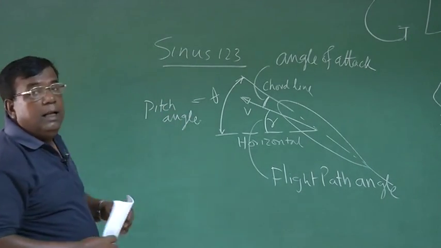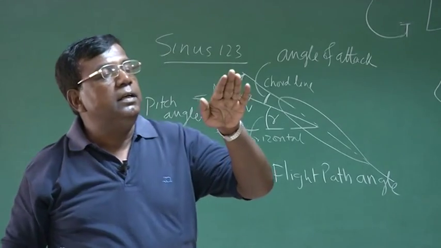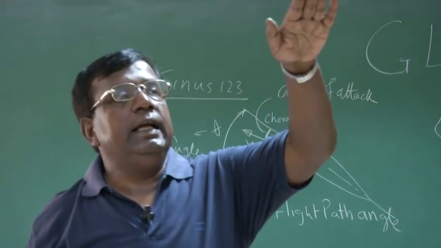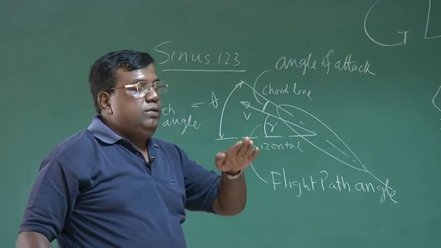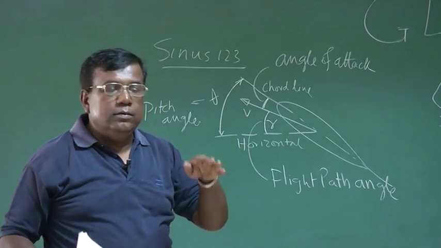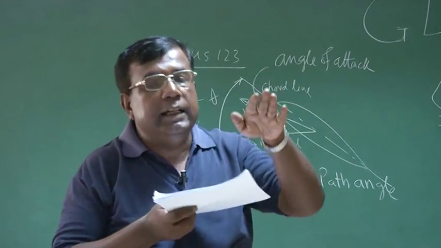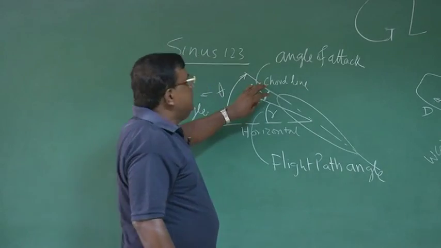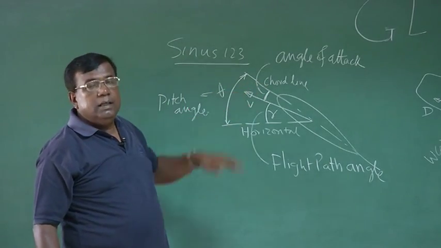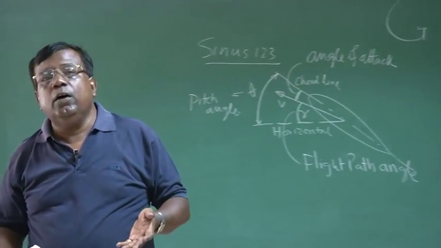Right? The flight path angle, you understand, tells how the airplane is going and gaining altitude. The pitch angle tells the attitude of the airplane, and the angle of attack tells you the angle between the chord line and the velocity vector, because the angle of attack is responsible for giving the lift force, and as a side effect you also get drag.